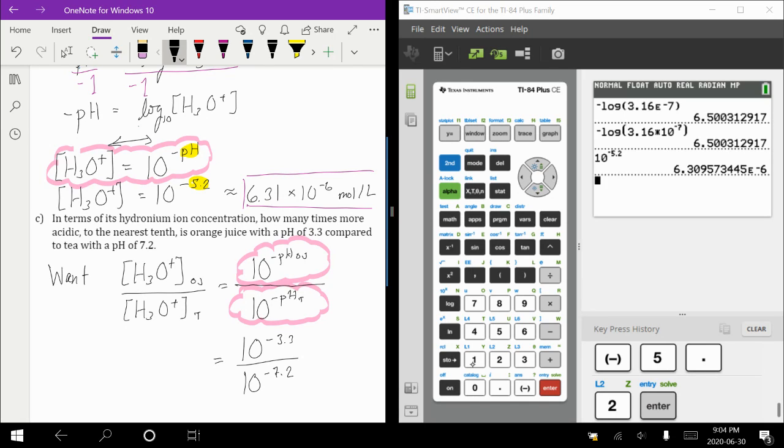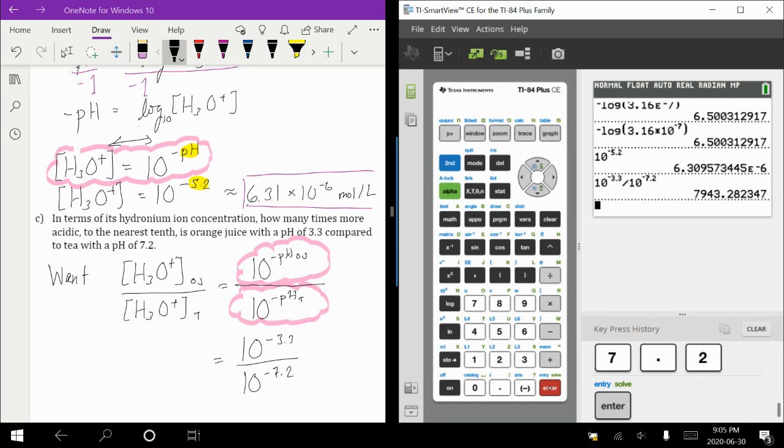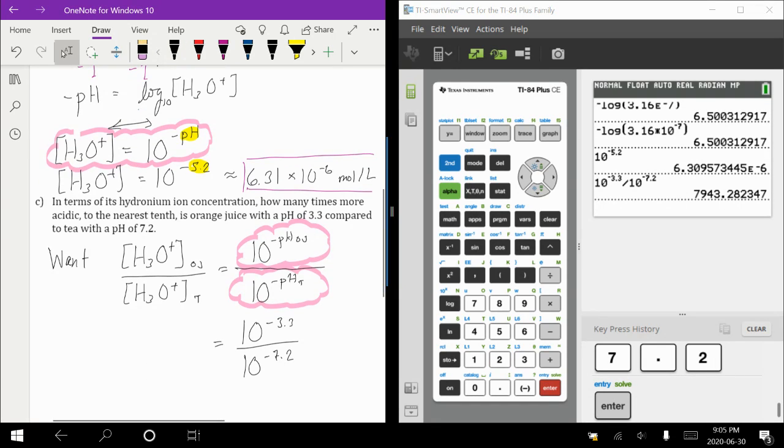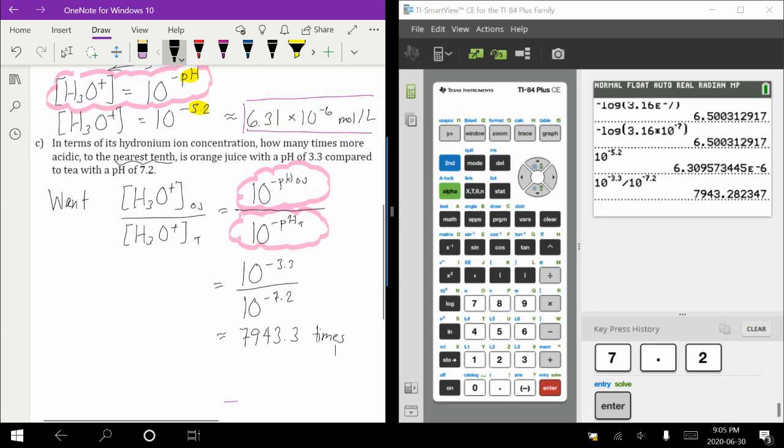Now we can go ahead and type this into our calculator. 10 to the power of negative 3.3 divided by 10 to the power of negative 7.2. And that gives us, rounding to the nearest tenth, because that's what we were instructed to do, approximately 7,943.3 times more concentrated for orange juice.